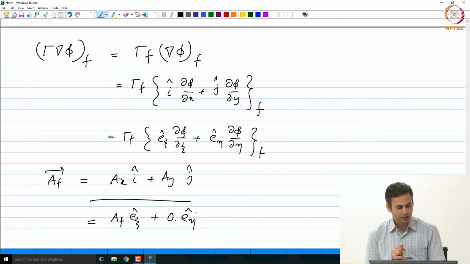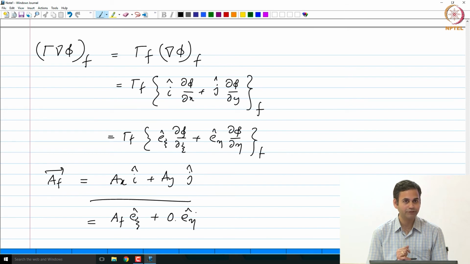Very good. Now, can we calculate gamma grad phi f dot A f in the local coordinate system? If you calculate that, what terms survive? E xi dot E xi would survive. Do you get any other term? No, everything else is 0 and the dot product with it is 0.